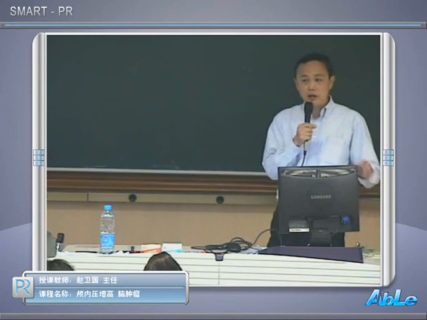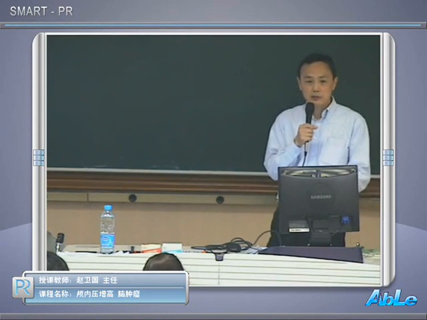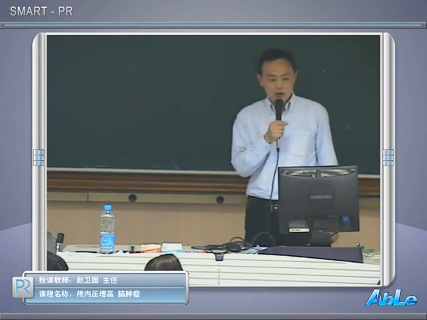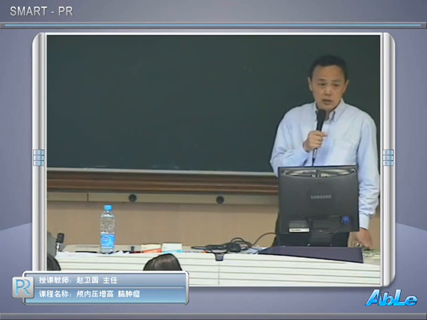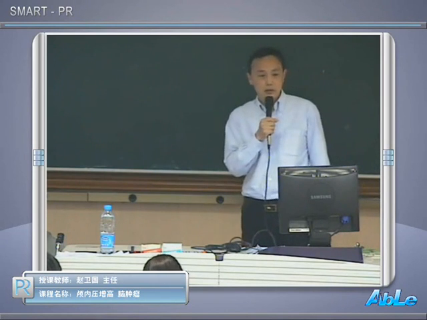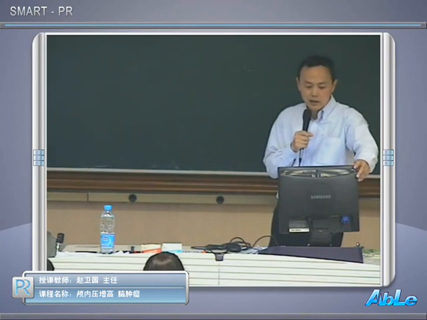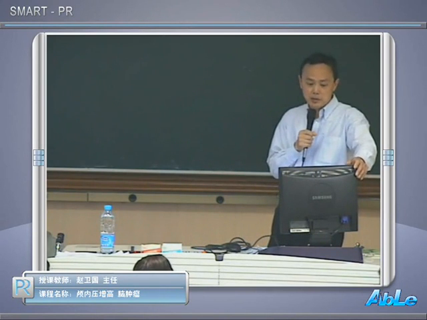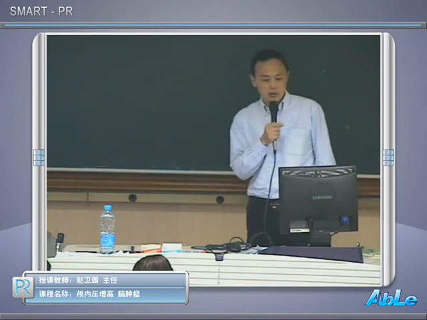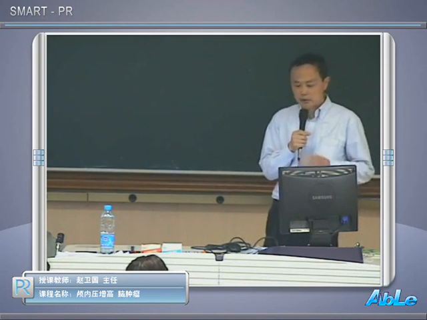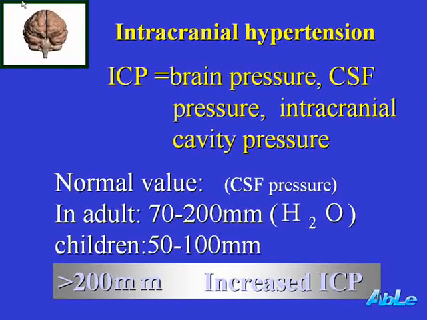In any case, if we measure the patient's intracranial pressure or CSF pressure greater than 200 millimeters, it's called increased intracranial pressure. Okay, it's quite easy. So remember, if it's greater than 200 millimeters, it's increased ICP. Remember the values. In normal condition for adults, from 70 to 200 millimeters. For children, it's only 50 to 100.